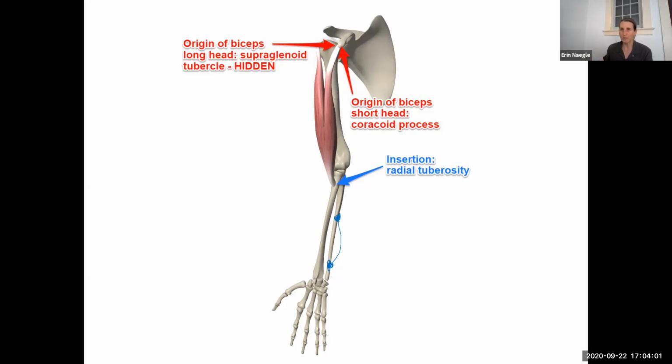So if I want to move something, what I need to do is erase that. I need it to start somewhere on a bone, cross a joint, and then land on a bone somewhere on the other side of the joint. Now with this muscle, I could move my wrist.